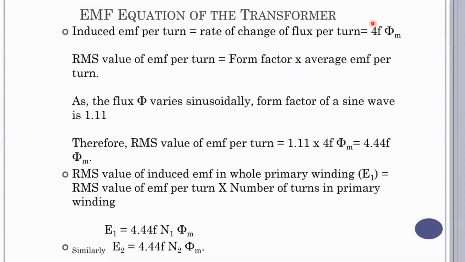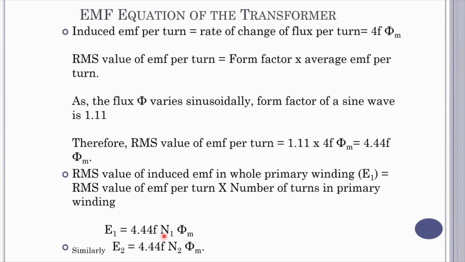So we multiply the average EMF with the form factor of an AC or sinusoidal waveform, which is 1.11. So on multiplication, we have the RMS value of EMF generated to be 4.44 f phi m. So this is the RMS value of EMF produced per turn.